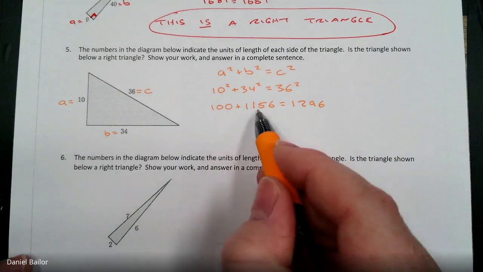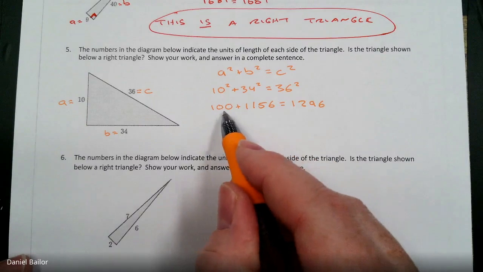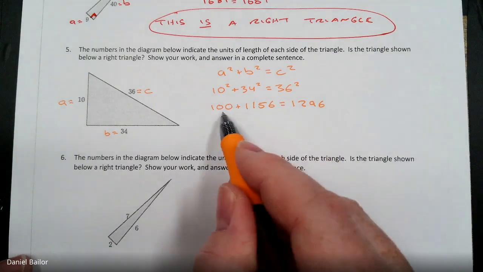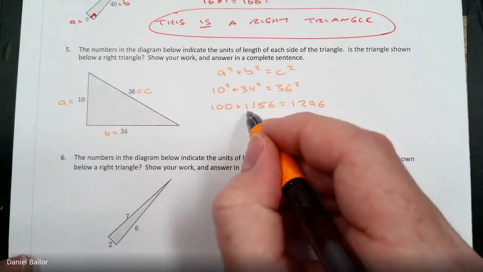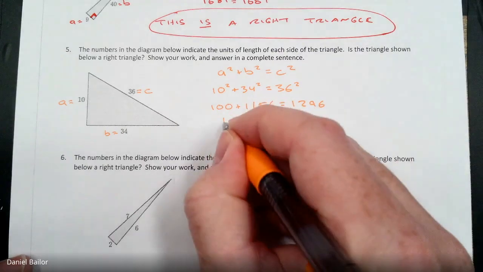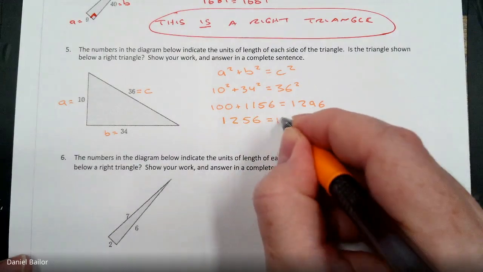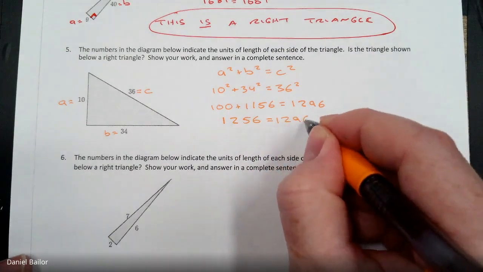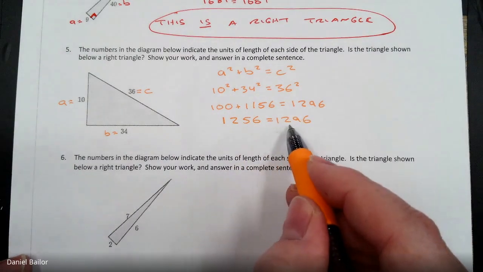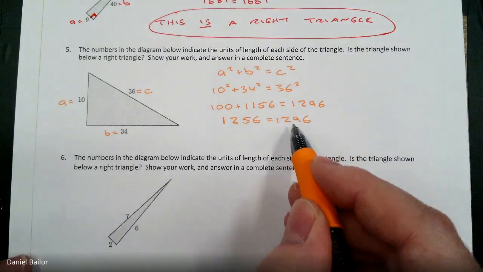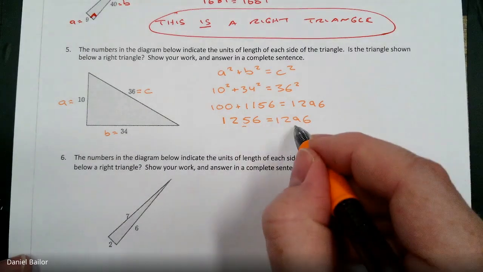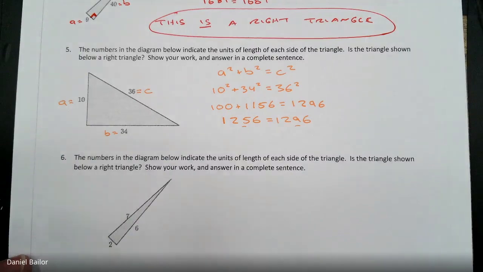Now I need to add these together. Well, 100 plus 1,156 is just 100 bigger. So instead of 1,156, it's going to be 1,256 on the left side, and on the right side I have 1,296. Those, it's a 56 and it's a 96, not equal.